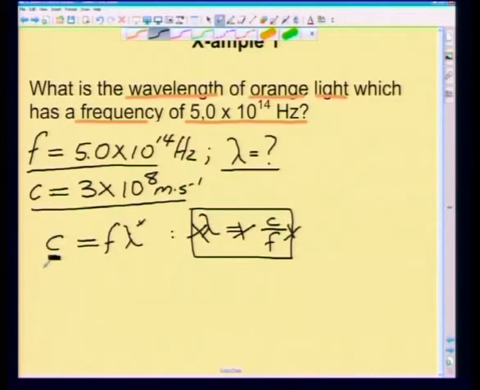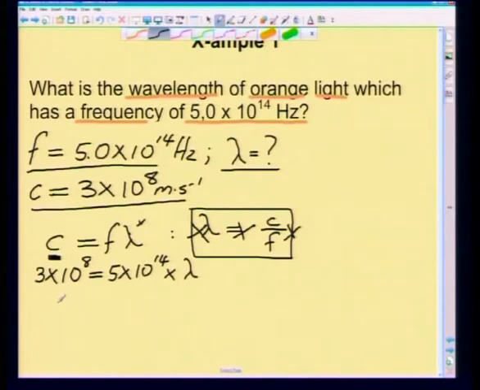C is 3 by 10 to the power 8. So in place of C, I write that down. Equals F, which is given to me. It's 5 by 10 to the power 14, times the wavelength, which is what I am looking for, so I leave it as is.